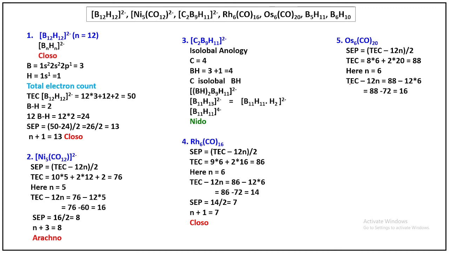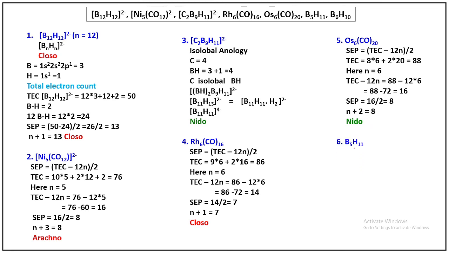Total electron count minus 12n will be 16, and the skeletal electron pair equals 8. That means 6 plus 2 is giving 8, and it falls under the category n plus 2, nido structure.